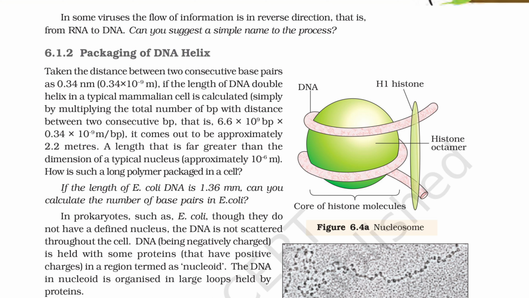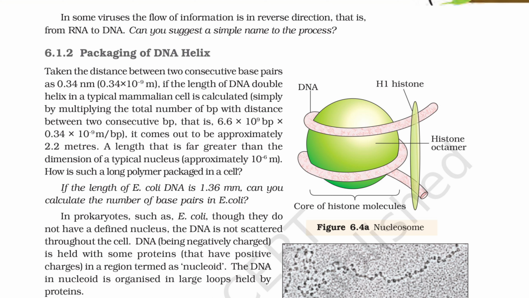Packaging of DNA helix. Taking the distance between two consecutive base pairs as 0.34 nanometers, 0.34 times 10 to the power minus 9 meters, if the length of the DNA double helix in a typical mammalian cell is calculated, simply by multiplying the total number of base pairs with the distance between two consecutive base pairs, that is 6.6 into 10 to the power 9 base pairs into 0.34 into 10 to the power minus 9 meters per base pair, it comes out to be approximately 2.2 meters.